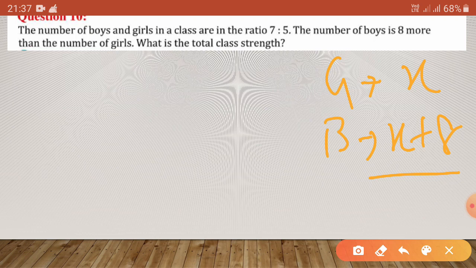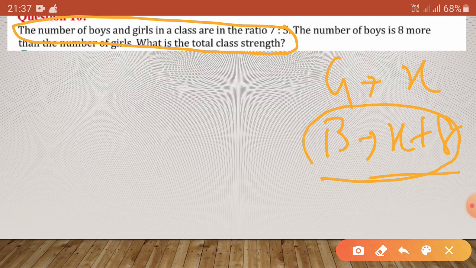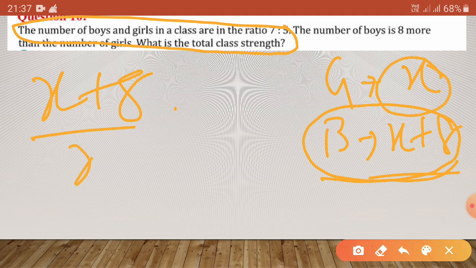Now read the first statement. Here it is the ratio between boys and girls. So what is the ratio of boys and girls? That is 7:5. So according to the question, we can write the expression this way. Number of boys we already have, that is x plus 8, and the number of girls x at the bottom gives us the ratio 7/5.